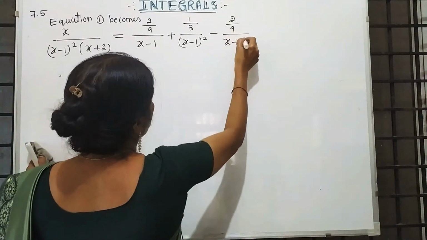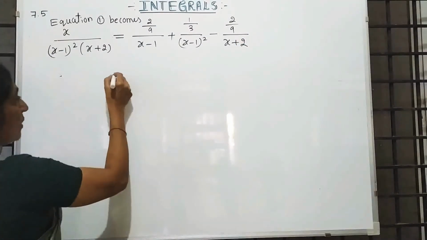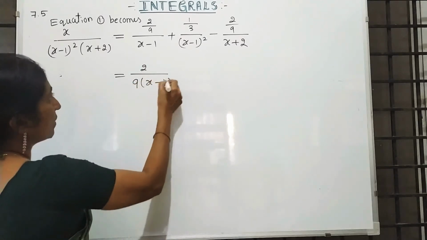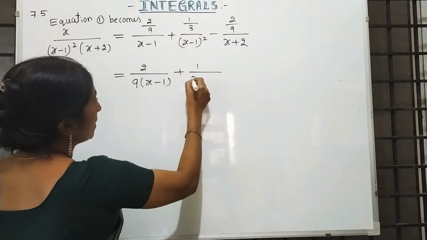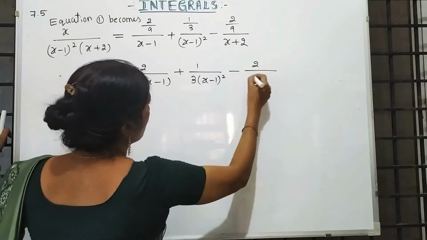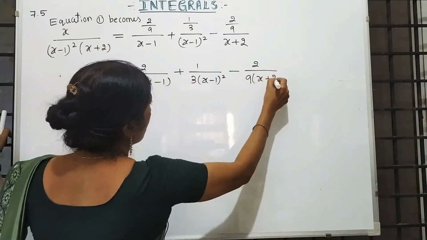Now this will be written as 2 upon 9 into x minus 1 plus 1 by 3 x minus 1 whole square minus 2 by 9 x plus 2.